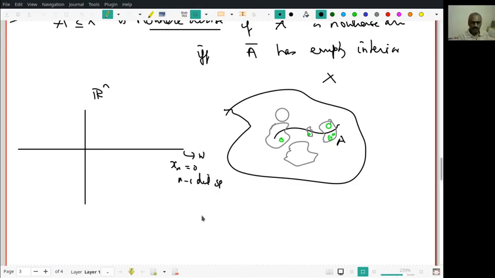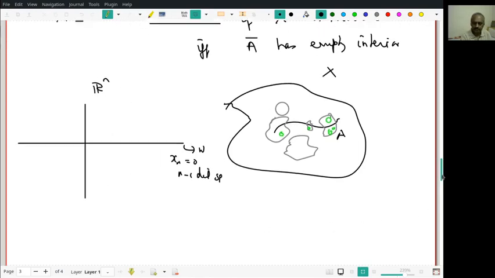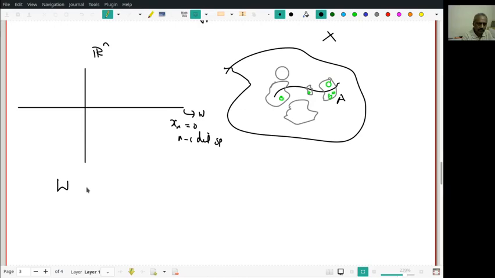I claim this W is nowhere dense in R^n. Why? Intuitively it's very clear. First it's closed, and start with any open set U as I did earlier.